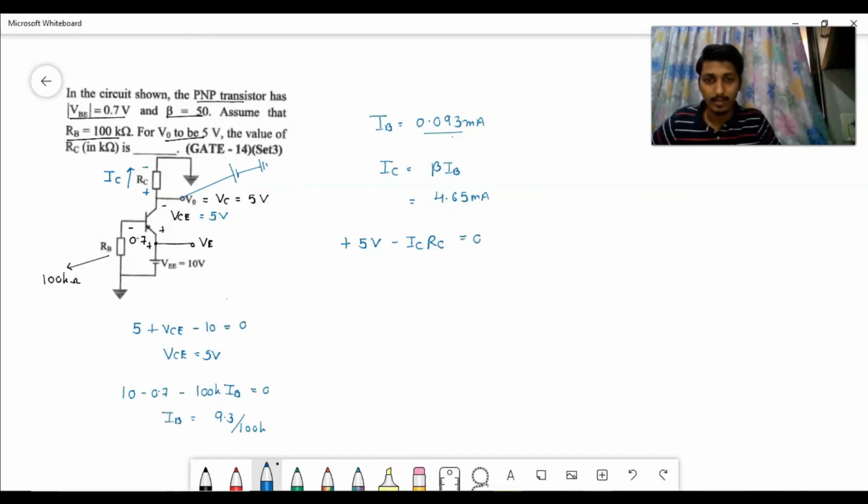So if we solve it further, 5 by 4.65 into 10 raised to minus 3 equals RC. So RC in kilo ohms would be 1.07 kilo ohms. So RC comes out to be 1.07 kilo ohms. So very basic and easy question. Let's move on to next question.